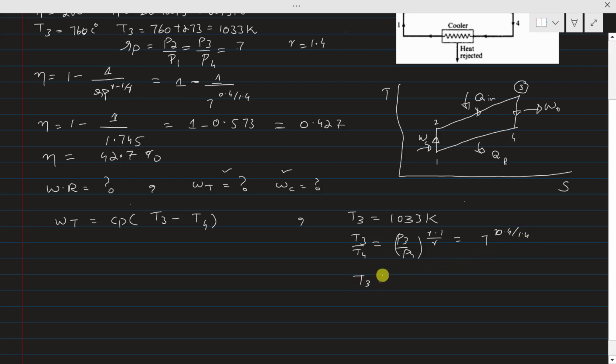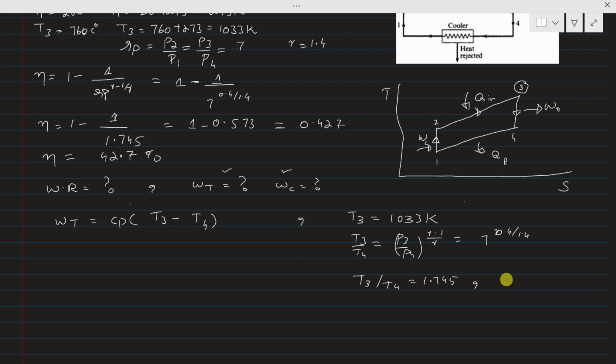After doing it on a calculator, you will get T3 divided by T4 as 1.745. So the value of T4 needs to be calculated.